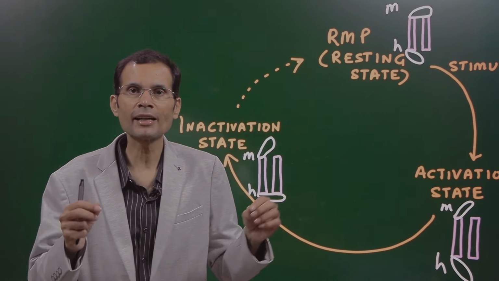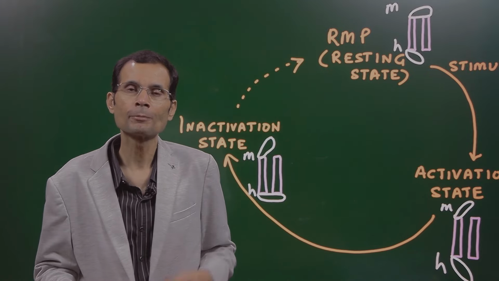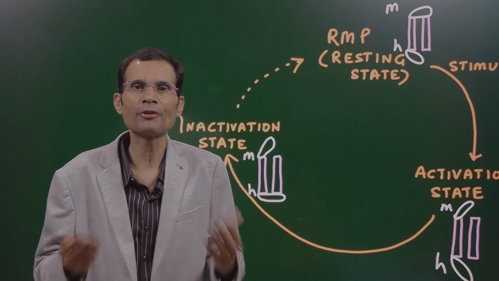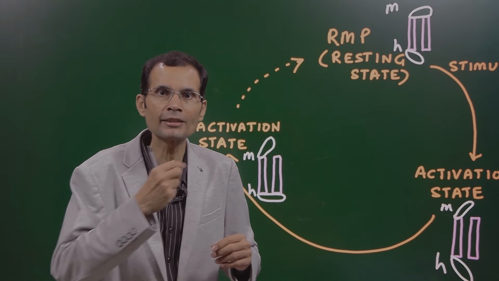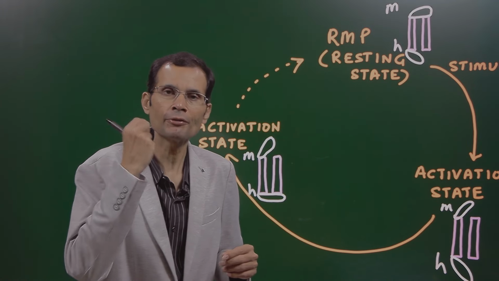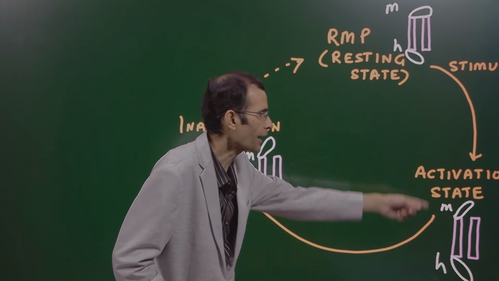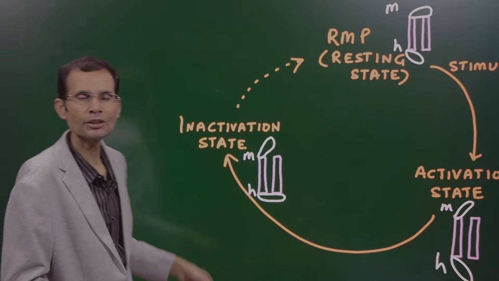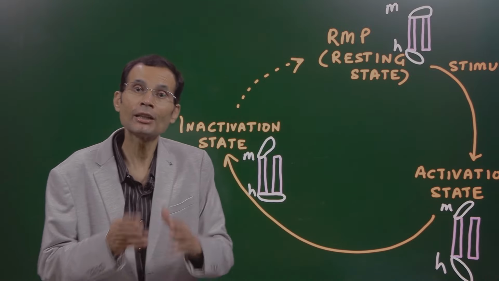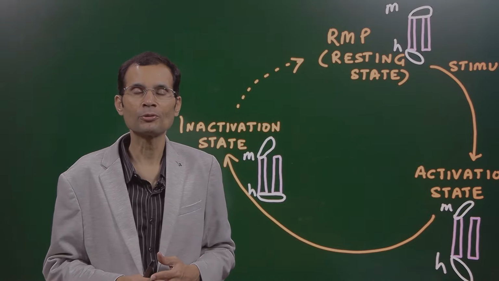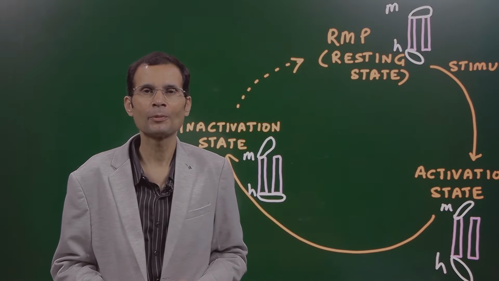So if the nerve is resting and you give lignocaine, it may not be that effective. But if you send some impulses to the nerve first, activate the nerve first, and from the activation state the sodium channels go into the inactivation state, lignocaine will be more effective. So that was the answer to this particular MCQ.